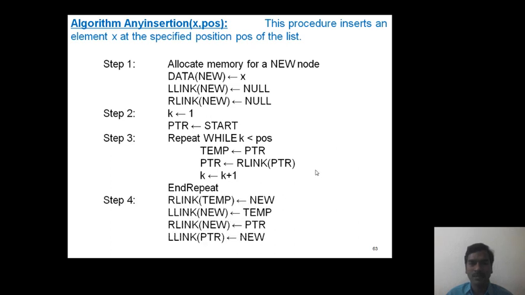Now step 4. Now we establish links as R-link of temp equivalent to new, L-link of new equivalent to temp, R-link of new equivalent to PTR, L-link of PTR equivalent to new. Step 5. Return.